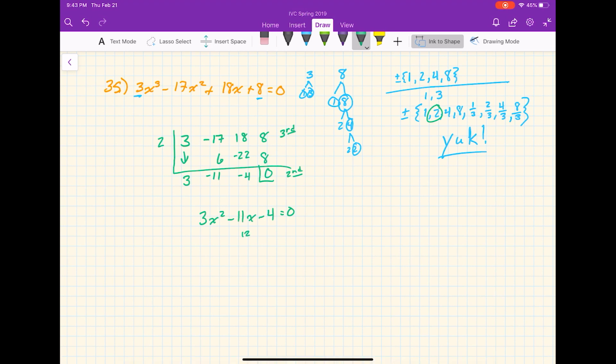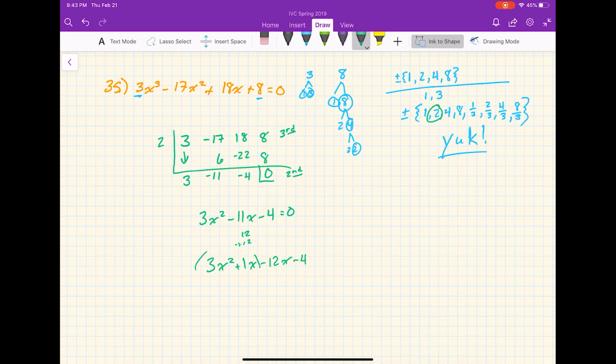That would give me 12, and that would also give me minus 11, I think. I'm so jealous of people that can see these just like instantly. So 3x squared plus 1x minus 12x minus 4.